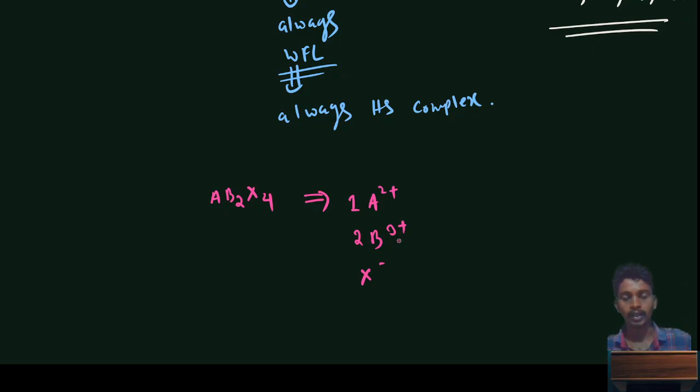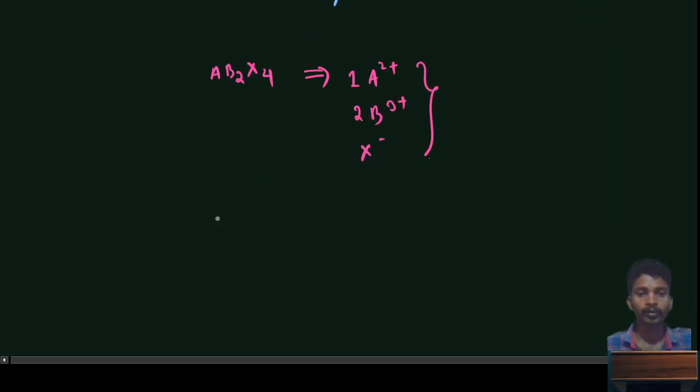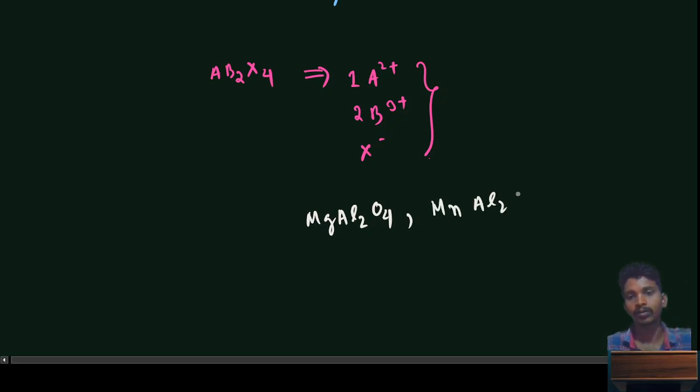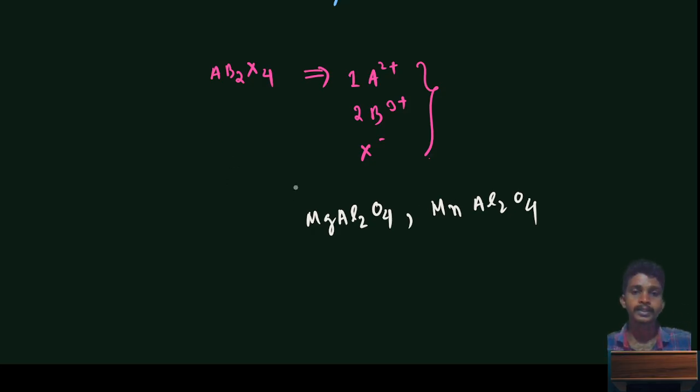It may be a halogen or oxygen, any weak field ligand. The most common crystal lattices of this type are MgAl2O4 or MnAl2O4. In any such crystal lattice, remember that X will be a weak field ligand, not a strong field ligand, and the cations are any divalent and trivalent cations.